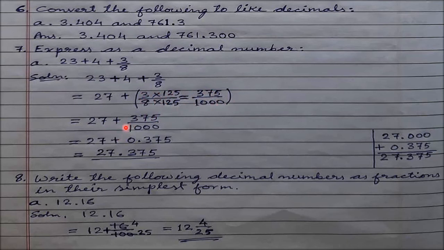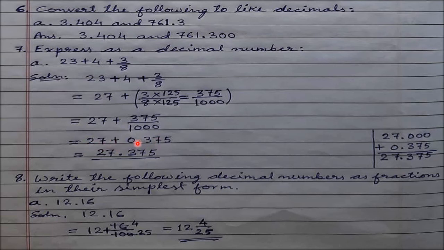Now we know when denominators are 10 or 100 or 1000, it's very easy to put the point. So here are 3 zeros, the point will shift 3 places back, so it will be immediately after the 3 here, and it will become 0.375.